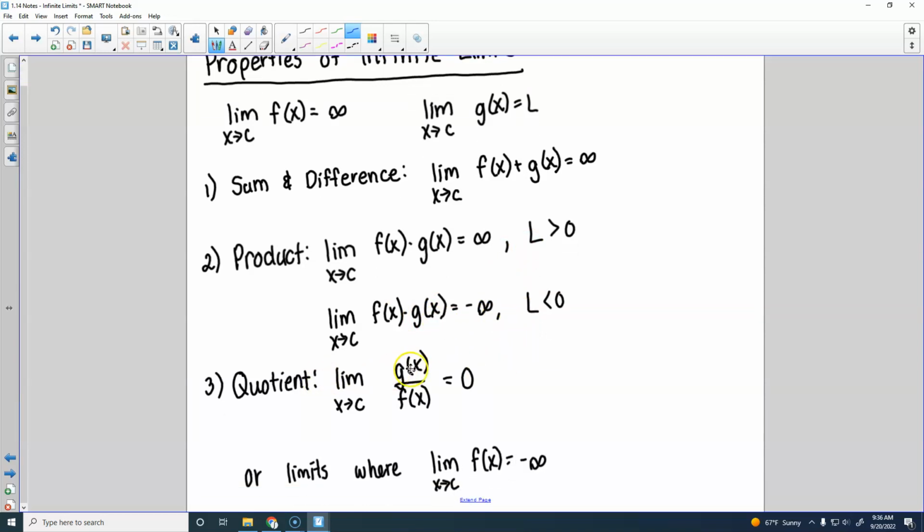If we're doing g of x over f of x, g of x is L, f of x is infinity. So L is a number over infinity. That's sort of like the limit as x approaches infinity of 1 over x. The bottom is so big that we might as well just say this is 0.